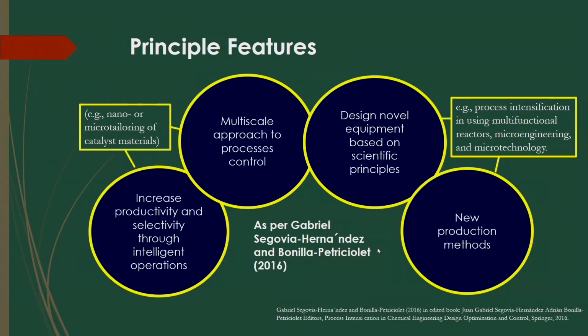You have to intensify the process by developing new methods. So, that is also one of the important features. These four basic principles are also given by Segovia, Hernandez and Bonilla Petriciolet in 2016.